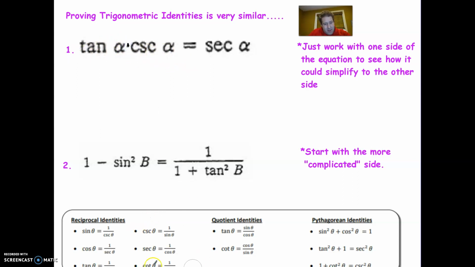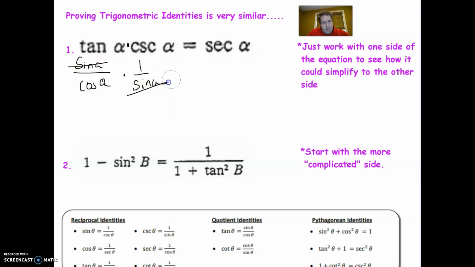I'm going to keep using the same properties. Tangent is the same thing as sine of alpha over cosine of alpha. I'm not a big fan of using alpha, honestly. Cosecant is the same thing as 1 over sine of alpha.